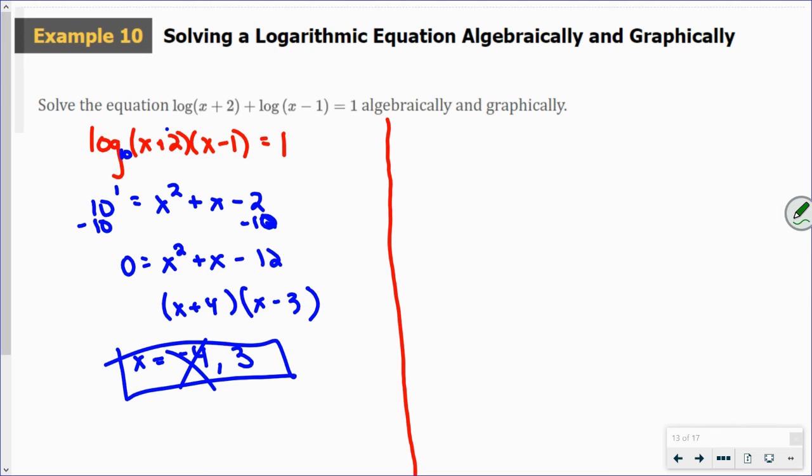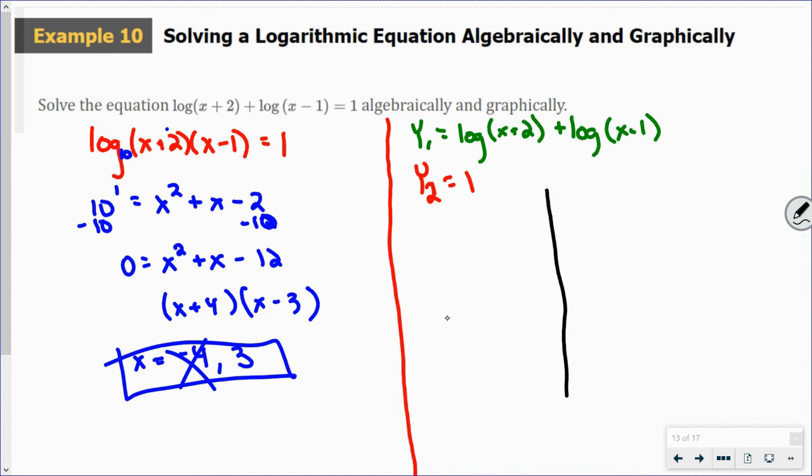Now, just like the exponential with graphing, I'm going to set the left side to y1. So y1 equals log of (x plus 2) plus log of (x minus 1). And then y2 can be the right side, which is 1. Then when we go to graph these, we have y equals 1, a horizontal line right there.